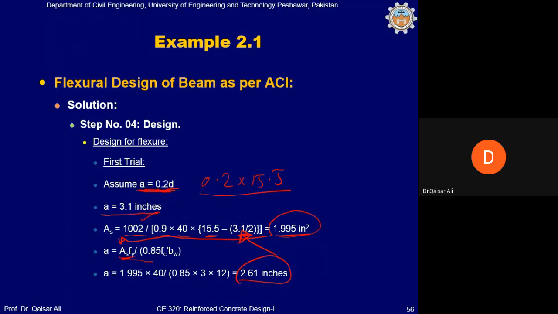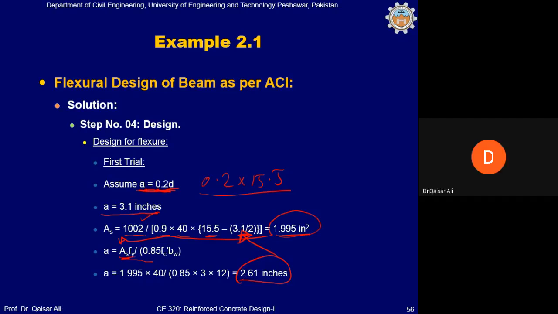Any one of you who has completed the calculation? Yes, sir.